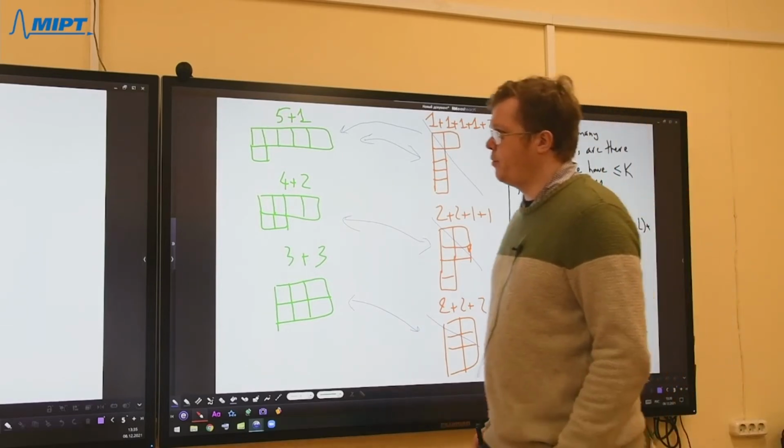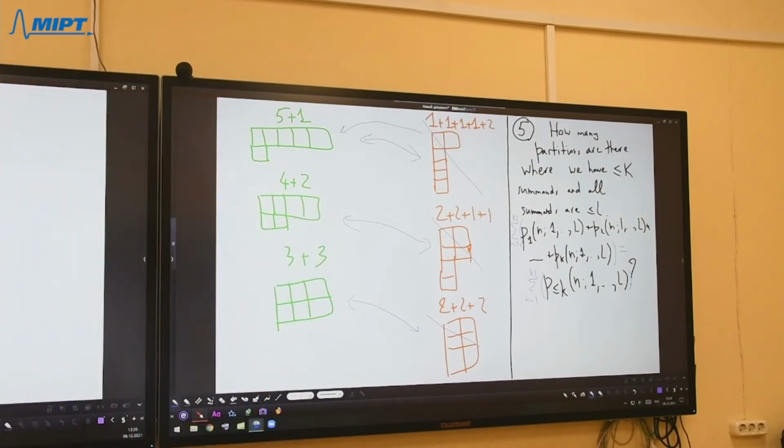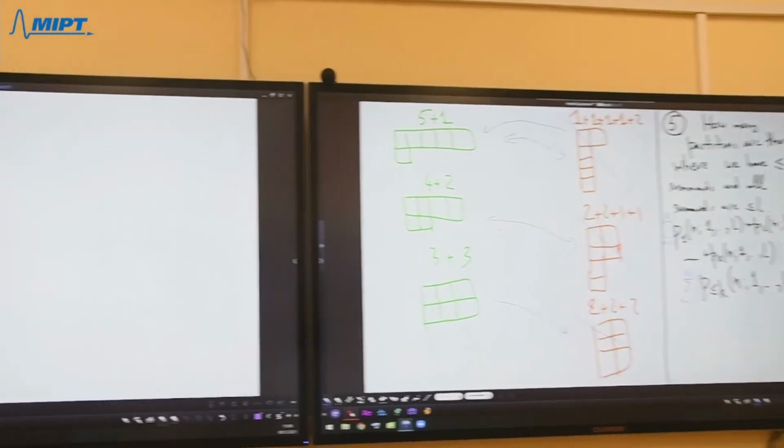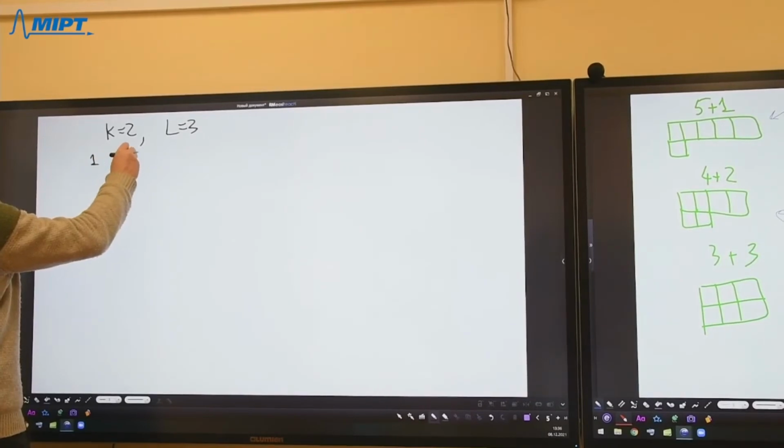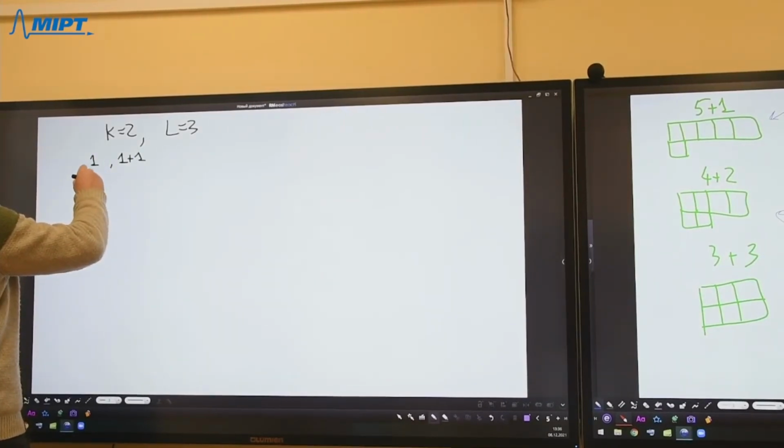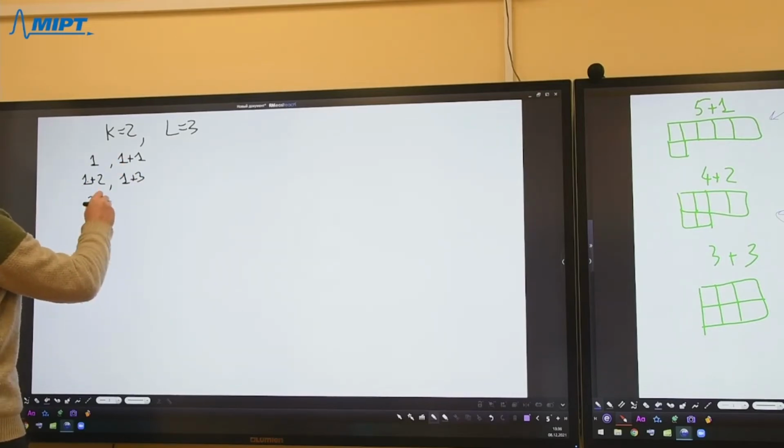So for example, if we take K equal 2 and L equal 3, then we don't have more than 2 summands, and no summands are greater than 3. Then we have 1, 1 plus 1, 1 plus 2, 1 plus 3, 2, 3.